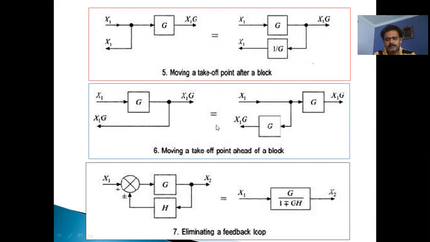Okay, eliminating a feedback. So this is the formula given.